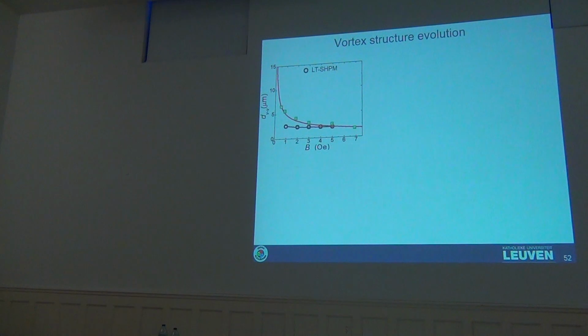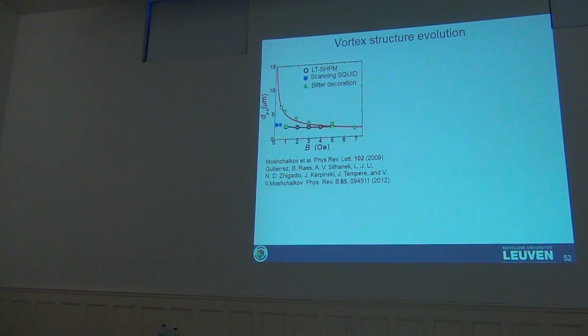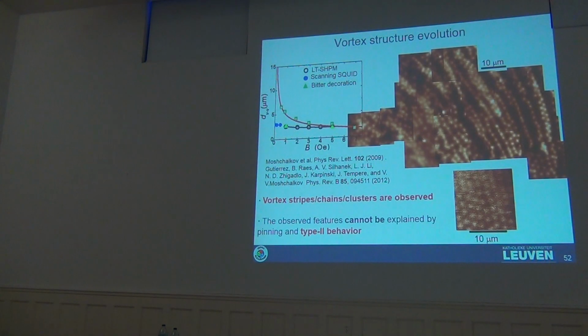Inside these stripes, you have practically not very strongly different vortex distances, but you have more and more stripes as a function of stronger magnetic field. Then you can put here also old data, obtained before with scanning SQUID and with magnetic decoration, and it fits quite well on the same plot.